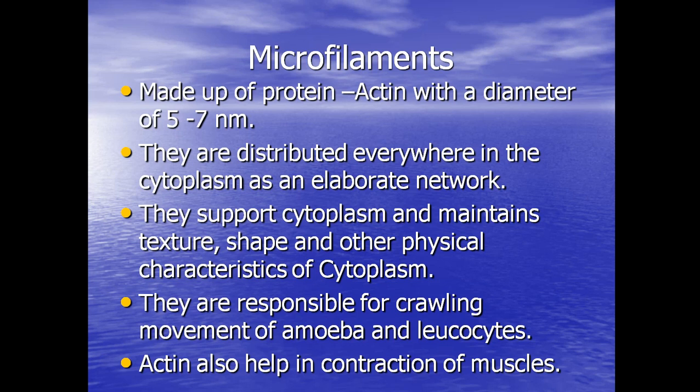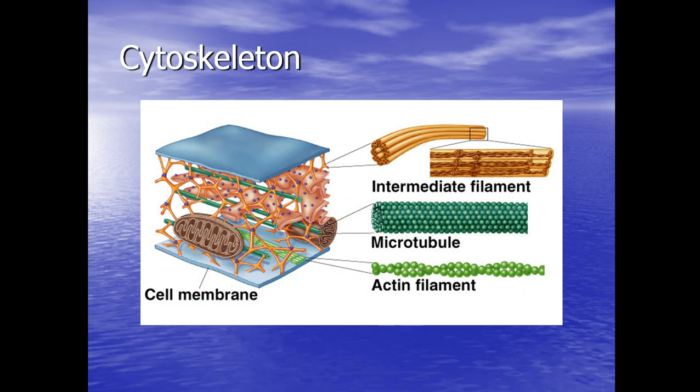Even they are responsible for the pseudopodial movement, like amoeba and leukocytes, which show amoeboid movement. So they are responsible for this crawling movement shown by amoeba and leukocytes, that is the white blood corpuscles. Of course, I have told you the actin also helps in the contraction of the muscles. So see how they are there.